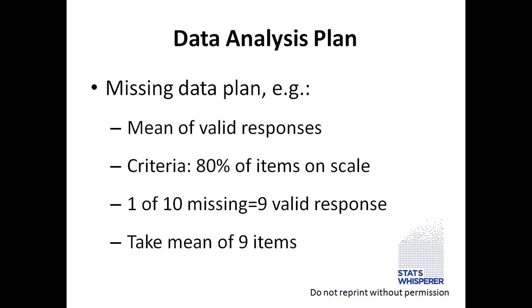However, if they only answered 9 items, the potential range would only be between 9 and 45, because it's that minus 1. So if they answered all 9 with 1, they would only get a 9. But if the other person answered all 10 with 1, they would get a 10, right?